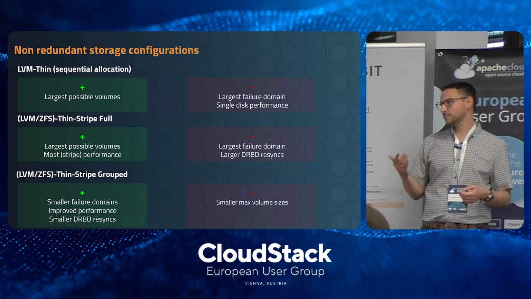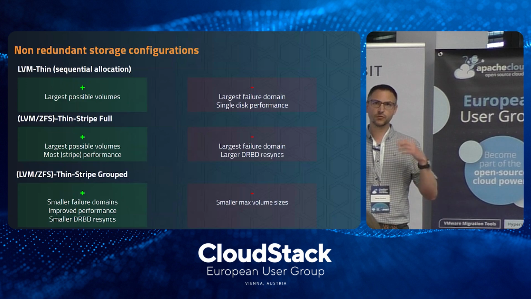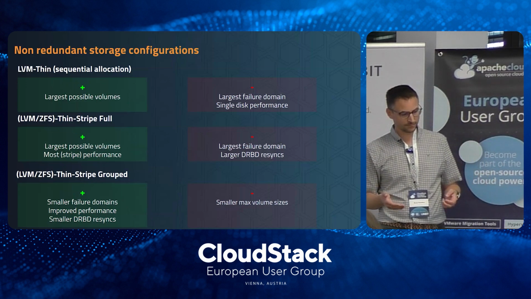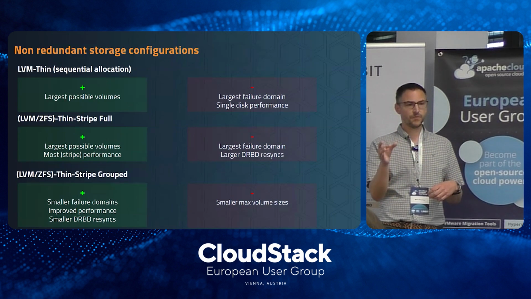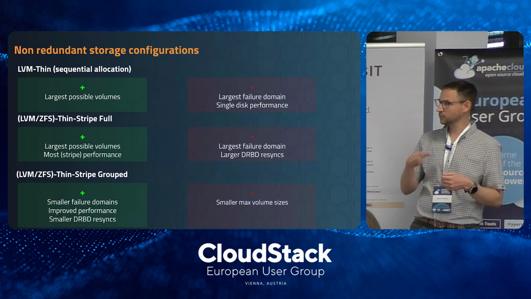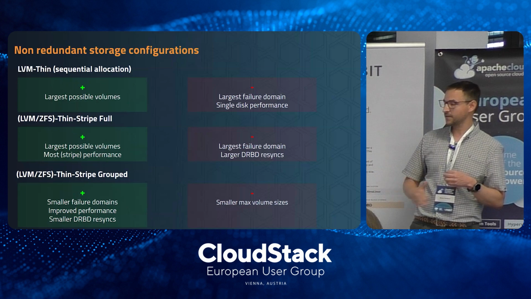Then there's another option: you can do it grouped. So if you have, let's now say, 6 drives, you could group them in 2 pairs. So you have a stripe over 2 drives. So then you have 3 pools with 2 drives in each, and this limits the size of the max volume.